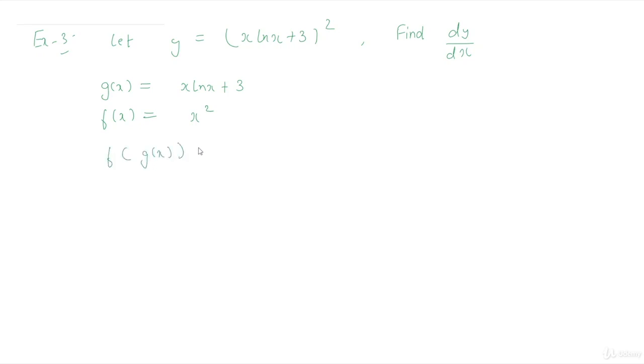Then we get g of x whole square, which will be x ln x plus 3 whole square, the same as our main composite function, which verifies that our assumption for the inner function and outer function are both correct. So every time we plug in g of x inside f of x, we can easily verify our composite function like this.